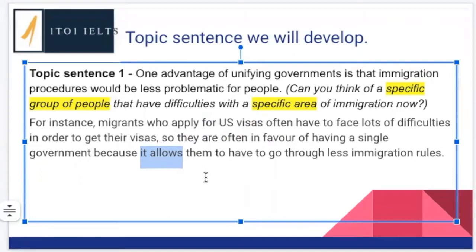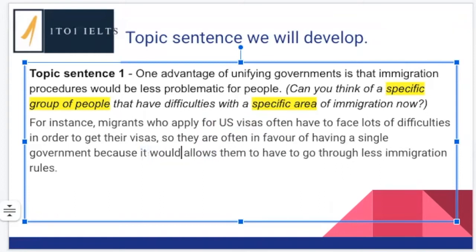We have a modal verb. So Nabila said will. There's a better modal verb than will. Begins with the same letter. People often get will and this modal verb confused. We say it would.